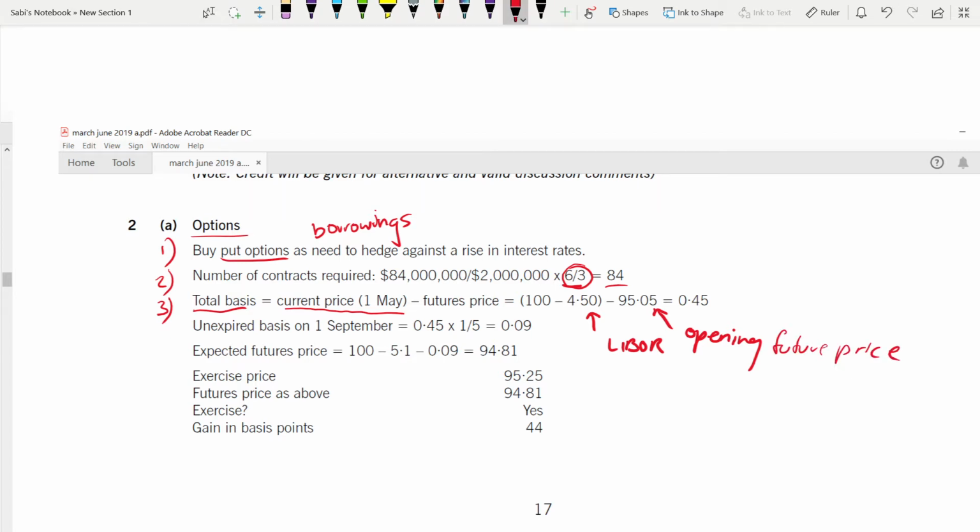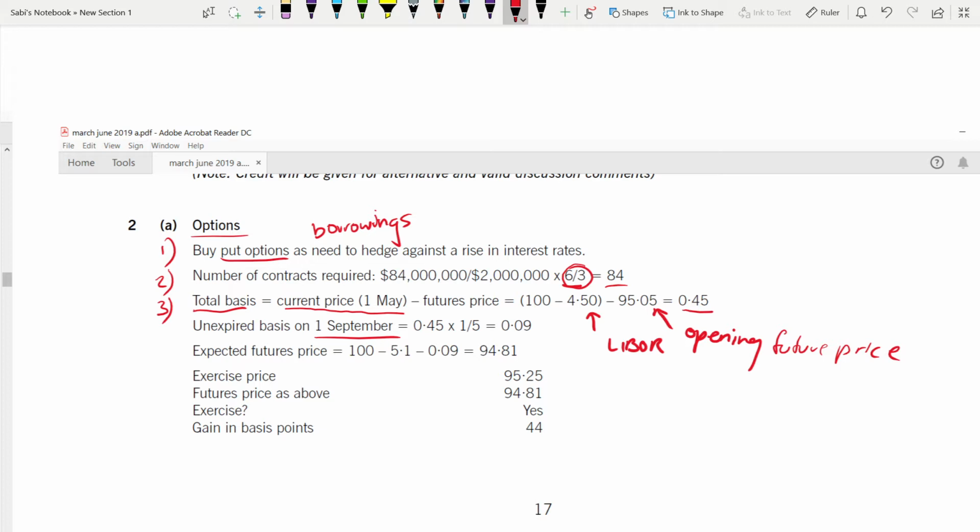So you are getting 0.45. Now, next is what? Unexpired basis. How do you find unexpired basis on 1st of September? That basis you have to bring out. That's 0.45, that is the total basis.